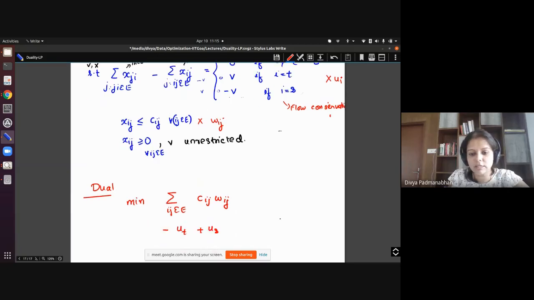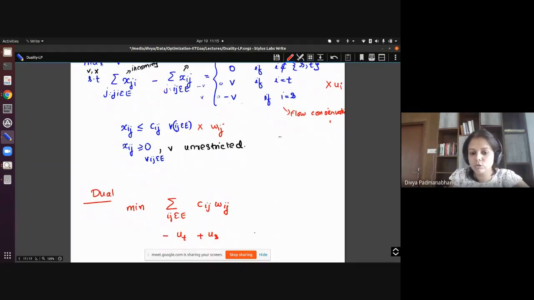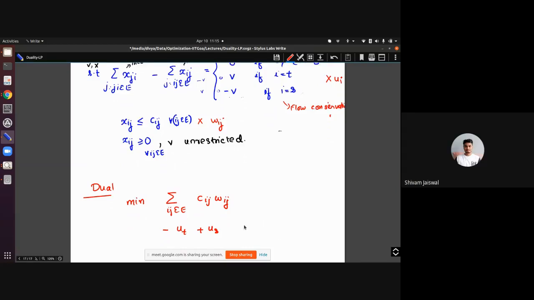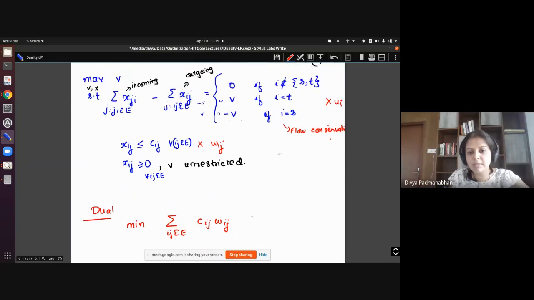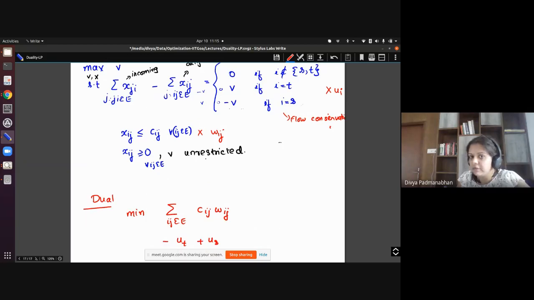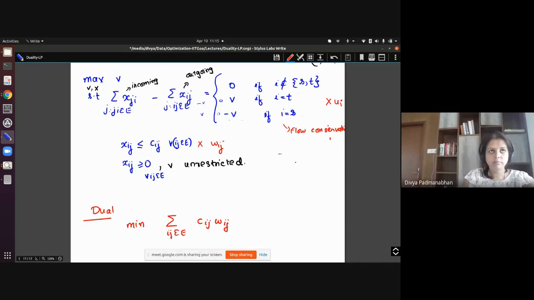And what about it: is it equal to 1, greater than 1? The 1 is from the objective here. Is it equal to, less than, greater than? Greater than. Greater than 0, I think. Remember, there is no restriction on the values of v, so v can become negative or positive. When you take the dual, if the variables are greater than 0, then it's okay to put inequalities.